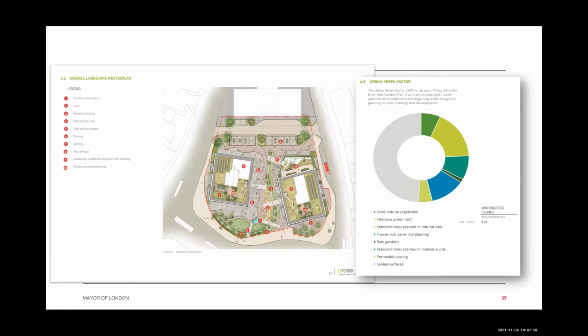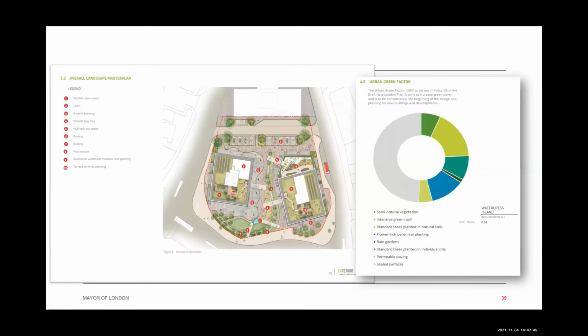So the greening that's provided to meet the urban greening factor target scores also satisfies this new requirement that we're expecting to come through for mandatory biodiversity net gain.